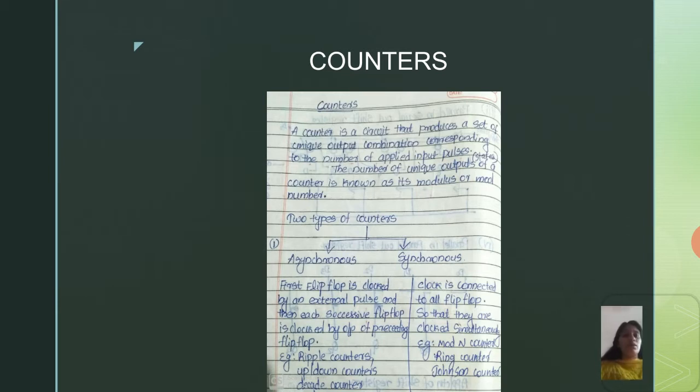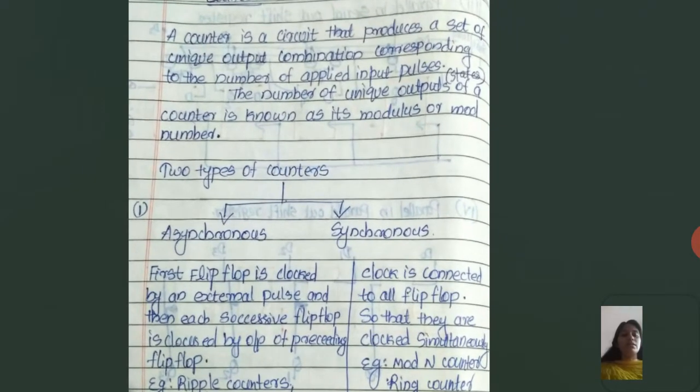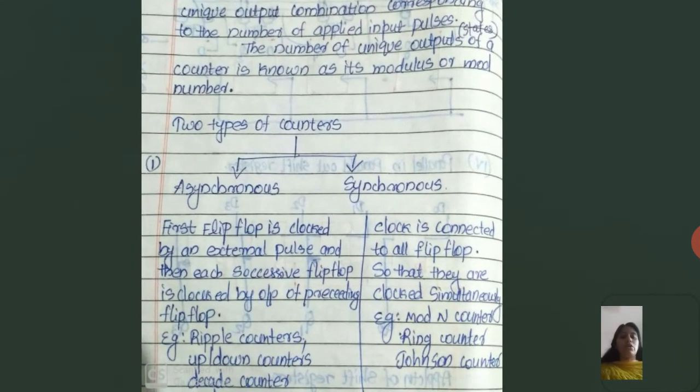Moving on to its classification, counters are of two types. One is asynchronous, the second one is synchronous. Synchronous is nothing but providing a clock pulse externally to all the flip-flops so that you can clock the flip-flops simultaneously.